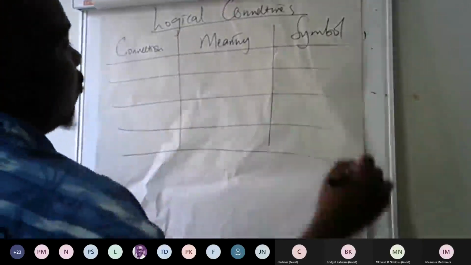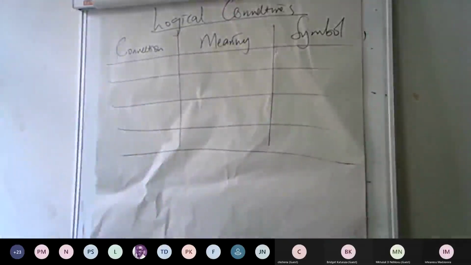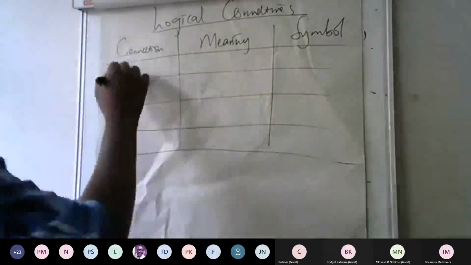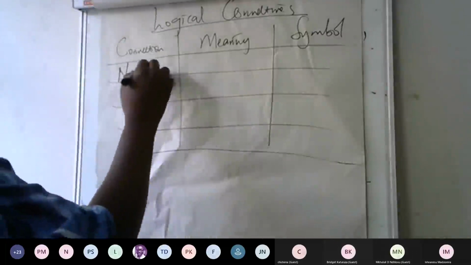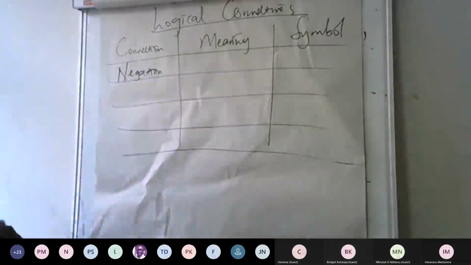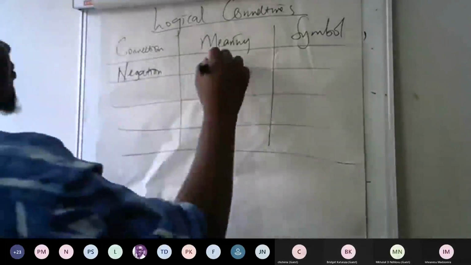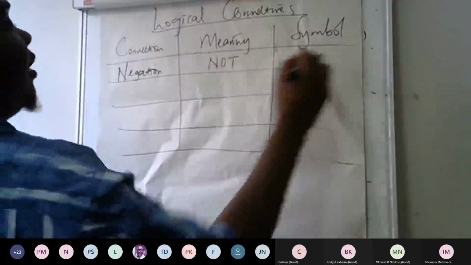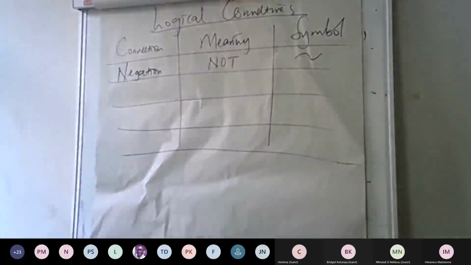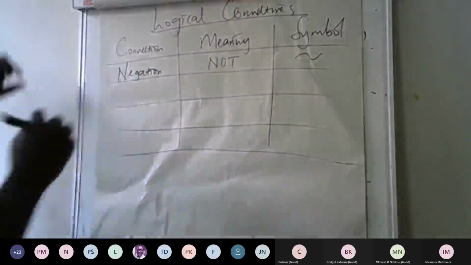Right. So there are 4 logical connectives that I want you to have, or you already have, but we're just trying to shed a bit of light on that. We have what we call the negation. Its meaning is not, its symbol is just that. Then we have the conjunction.